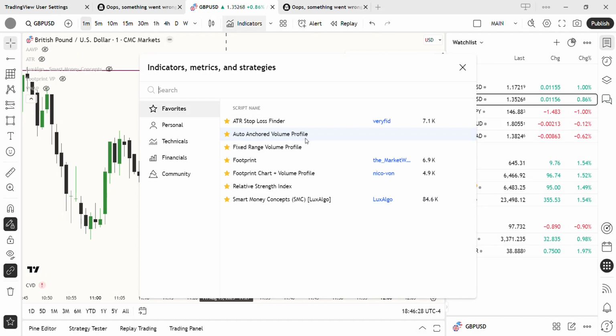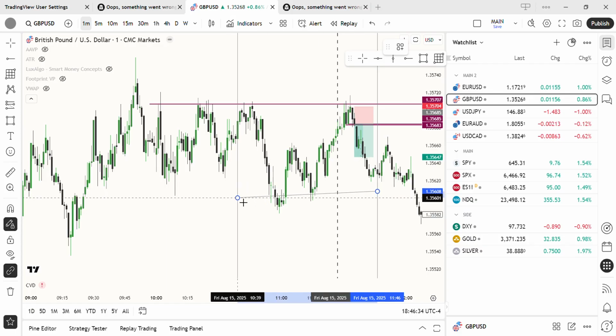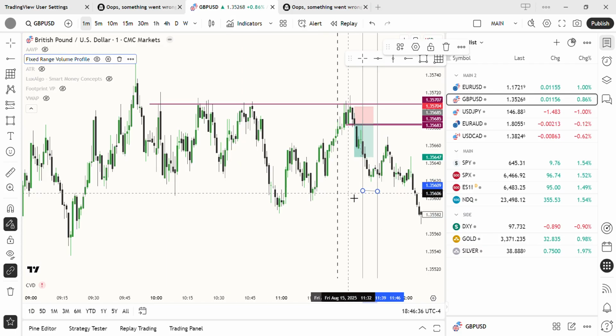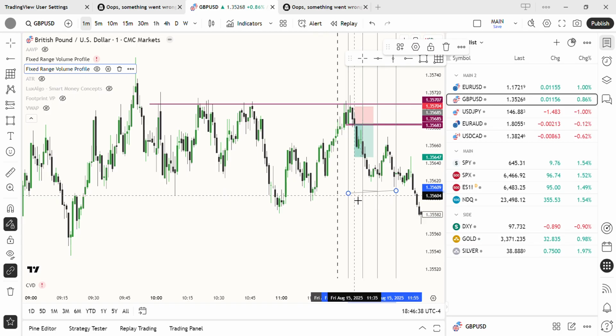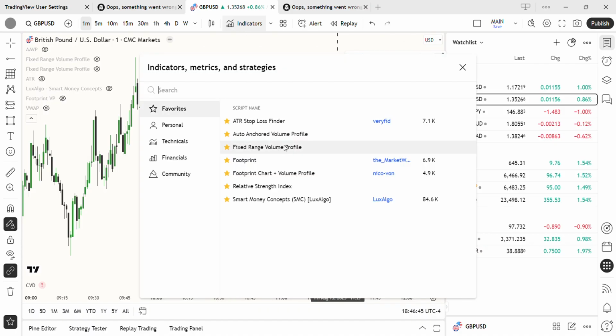What? I'm not allowed this indicator. Well, fuck you, because I got this one right here. Even better. I guess not. I don't know. I don't know what the fuck's happening. I was just using this the other day. What?